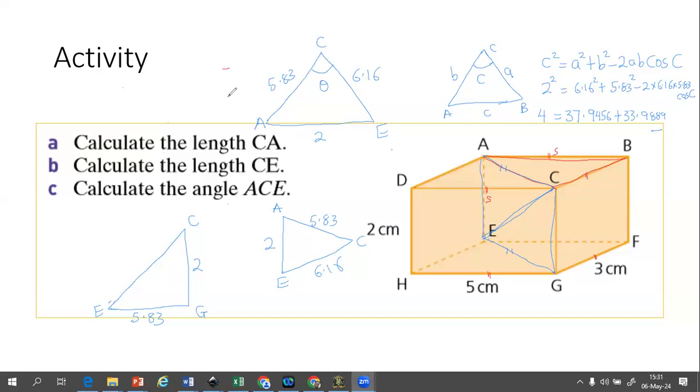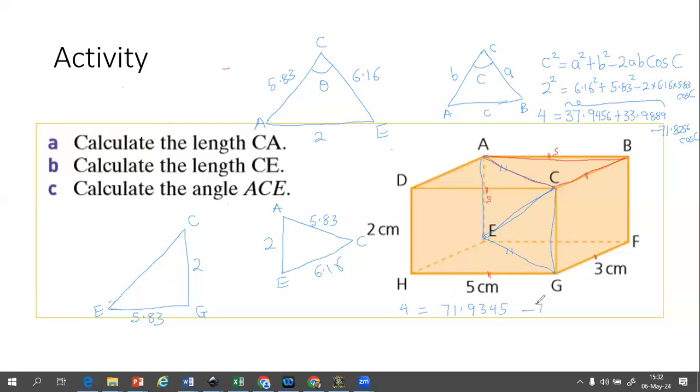What do we get? Are we getting 71.8256 cosine of C? Now, after doing that, I want us to first deal with these two. Add for me those two. So 4 is equal to, when you add those two, what do we get? Are you getting 71.9345?